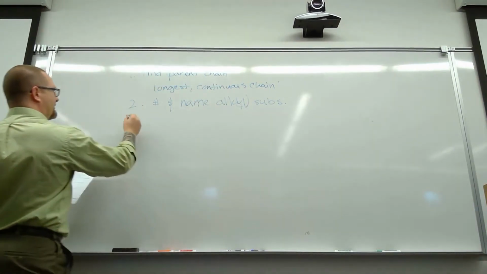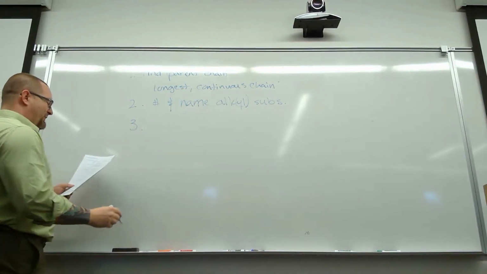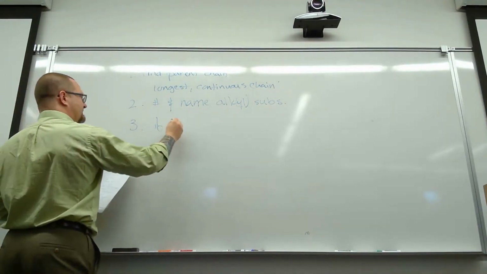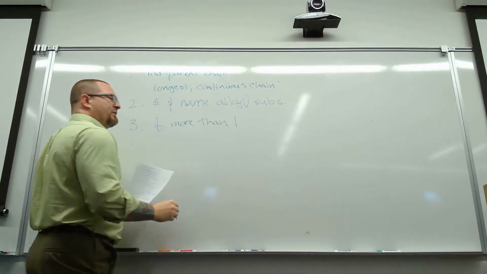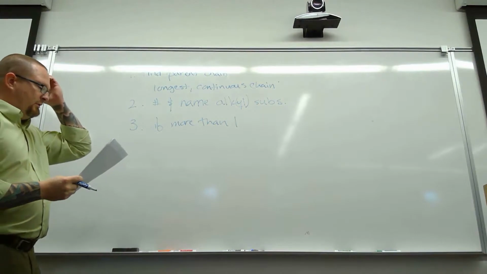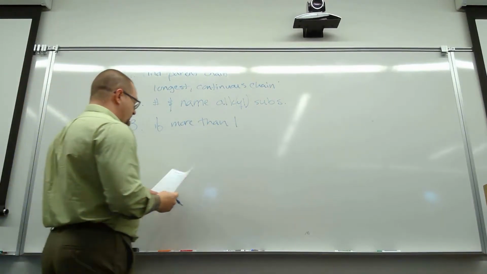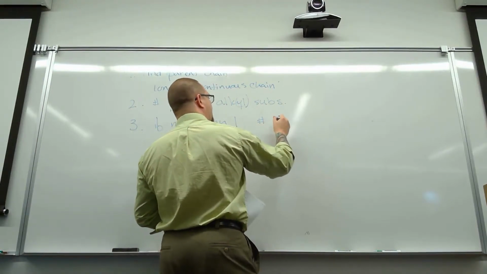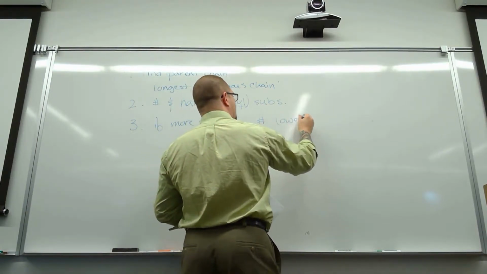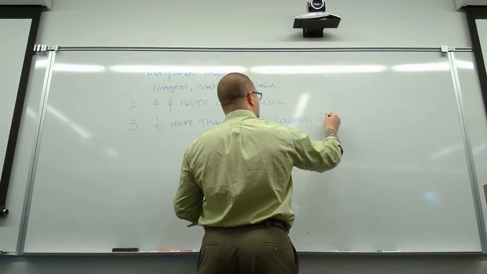If you have more than one substituent, what you do is you number so that you have the lowest numbers.